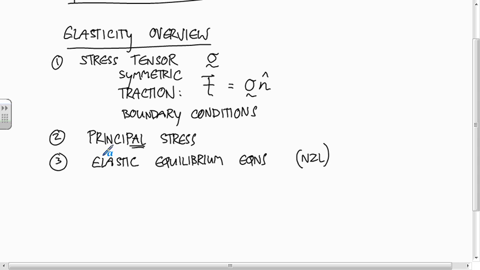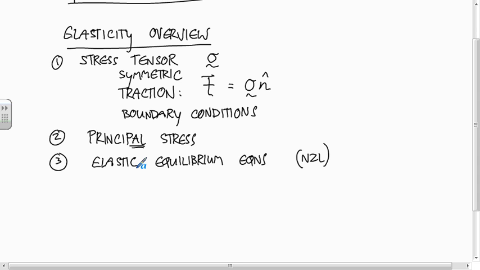And so what we did is we broke it up into a ton of different cases. And we said, if you're dealing with a problem that has these characteristics, you can figure out the stresses using this approach. And if you have a different kind, you can do it with this approach. I'm going to show you just the full elastic equations. They're very hard to solve, but if you can solve them, then you have the solution without breaking it up case by case.